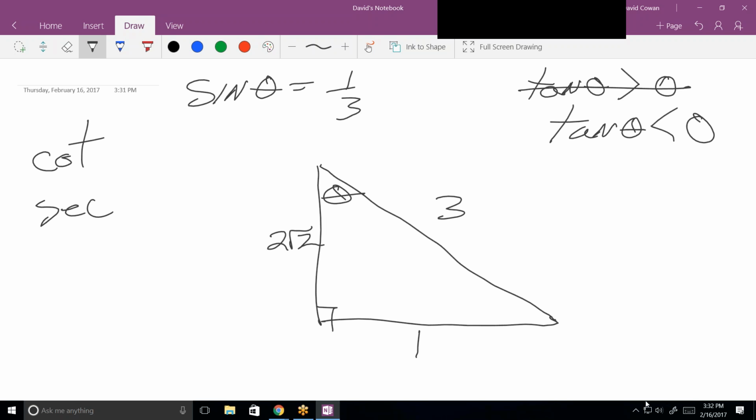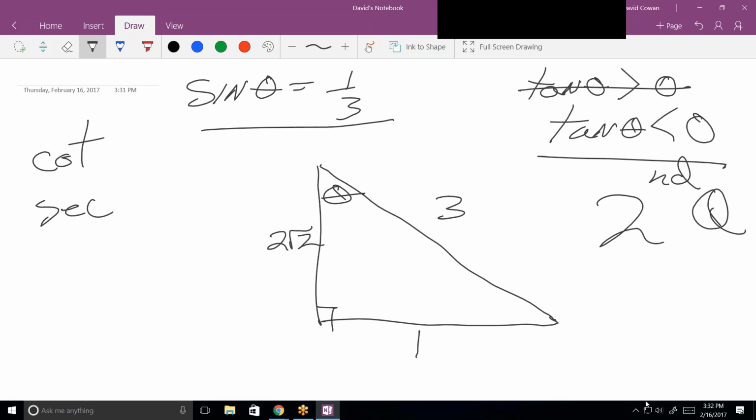And what quadrant are we in based on those two pieces of information? Second quadrant. Good. That's all we need to proceed. What's the absolute value of the cotangent of theta? 2 root 2 over 1.